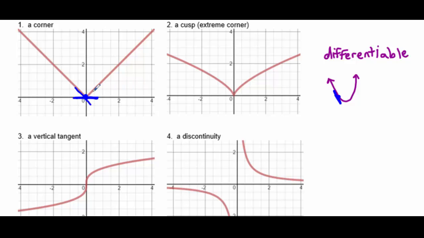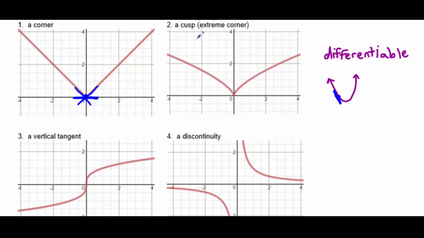If we come from this other side, we're at like a +1. And then when they meet in the middle, there's nothing that tells us what slope that should be then. So a corner is bad for being differentiable.